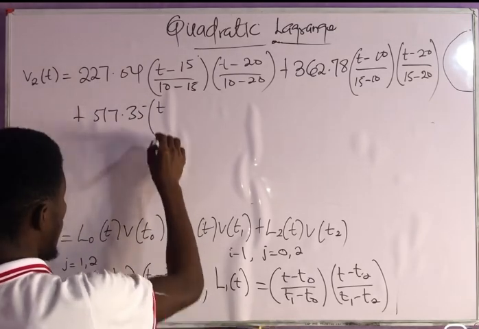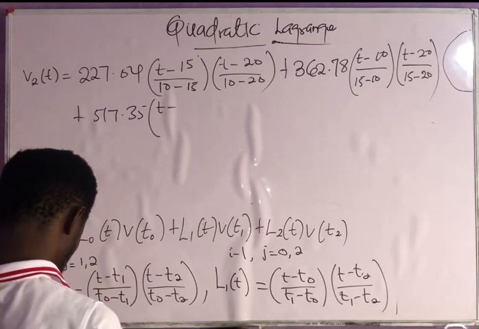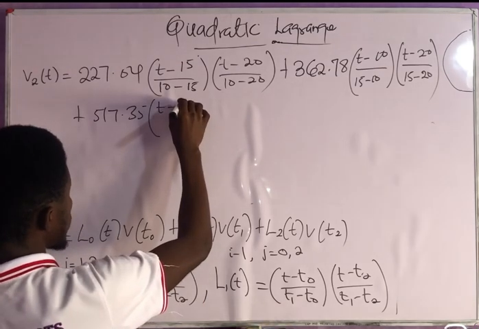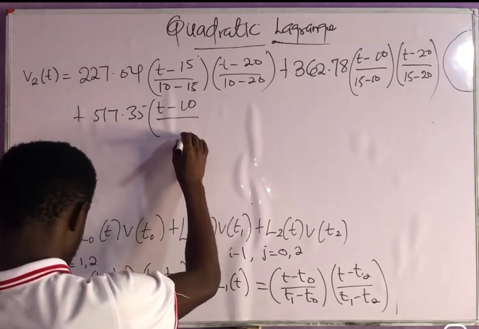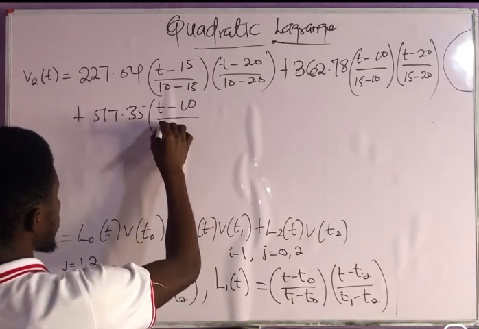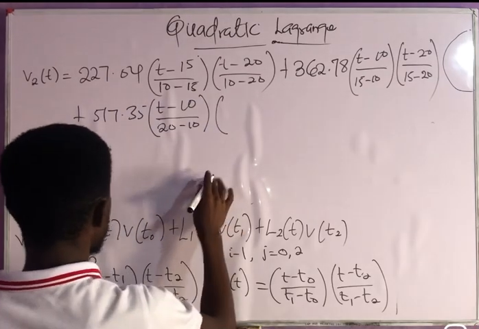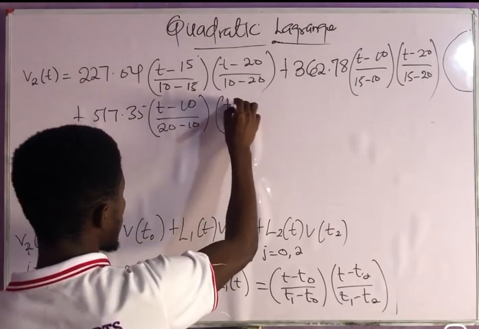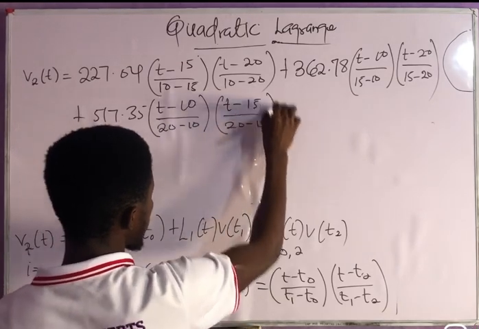And it is multiplying t minus t0, but t0 is 10, over t2, t2 is 20 minus 10, and t minus 15 over 20 minus 15.